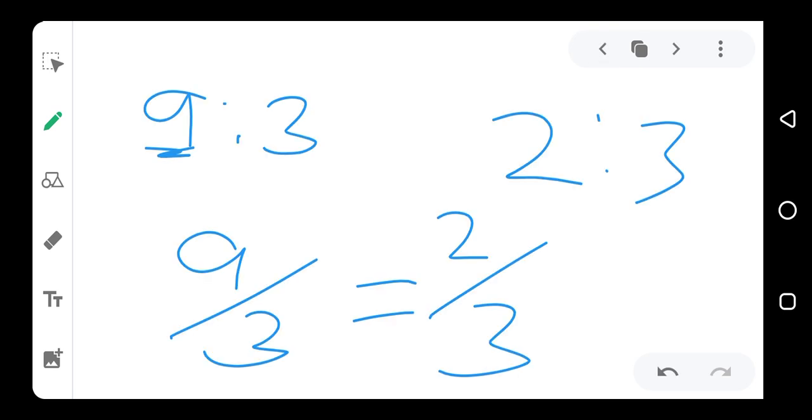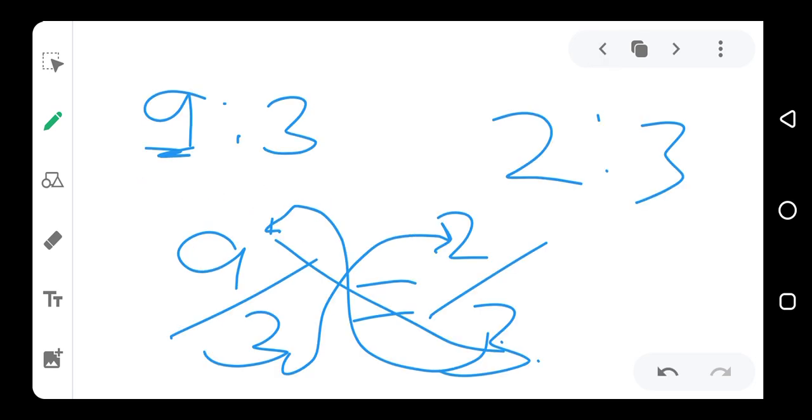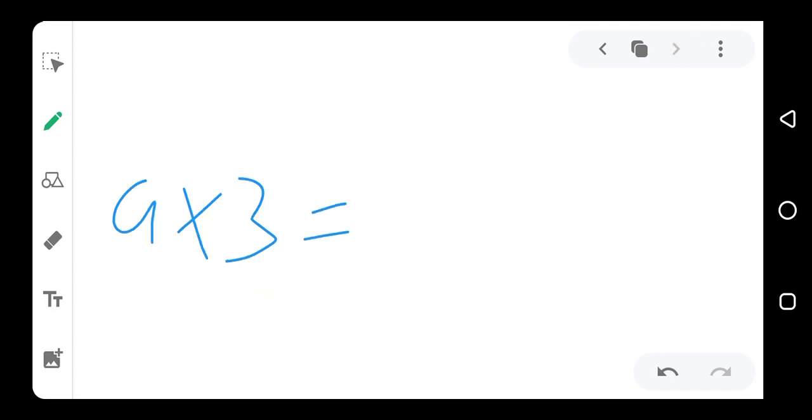We take this one that is under here, we move it to this one, and this one that is under here, we move it to this one. So we have a times 3 is equal to 3 times 2.